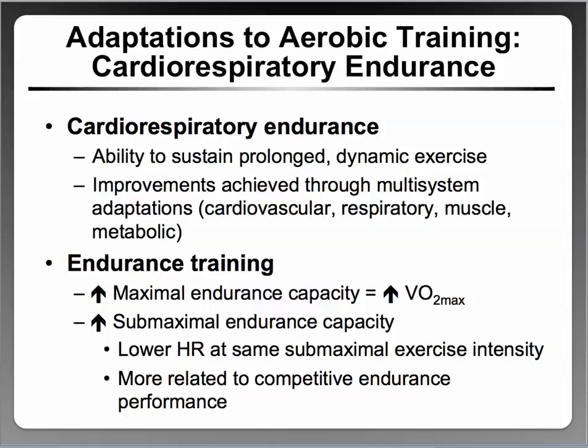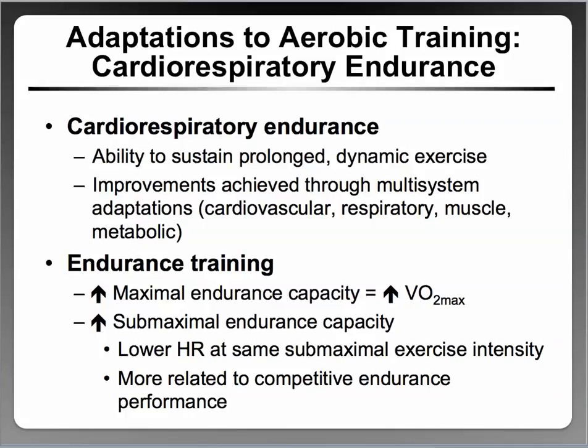And it kind of makes sense that if maximal endurance capacity increases, submaximal endurance capacity also has to increase. And a reflection of that is that you have a lower heart rate in a trained state at the same submaximal intensity as you did compared to when you were untrained.